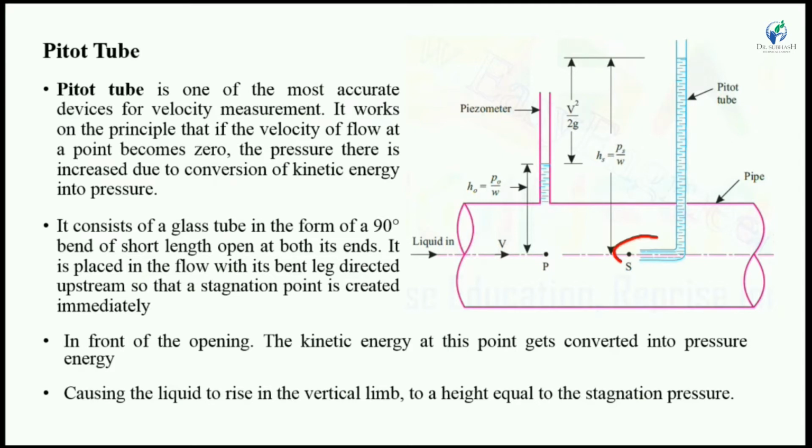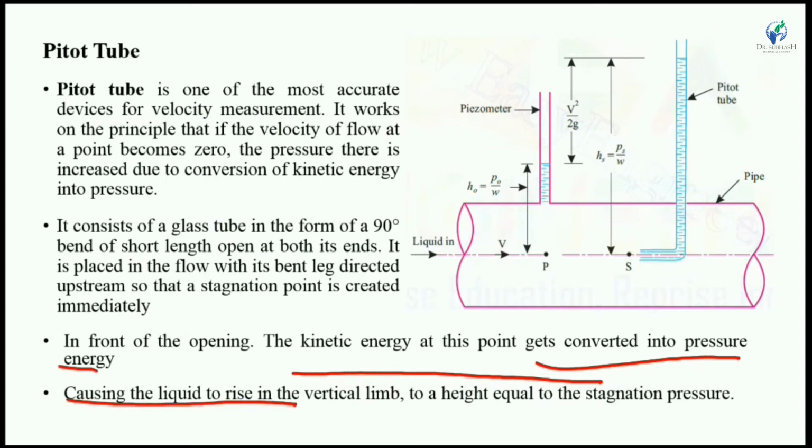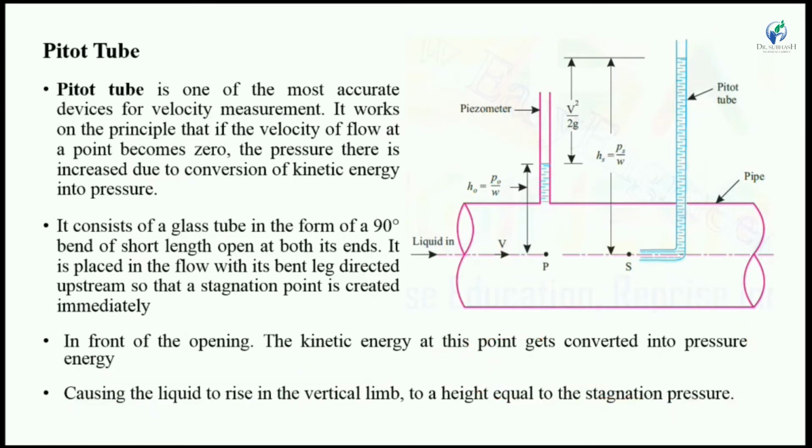The S is the stagnation point. The kinetic energy at this point gets converted into pressure energy, causing the liquid to rise in the vertical limb to a height equal to the stagnation pressure. So we can get the stagnation pressure from the height of this liquid column.